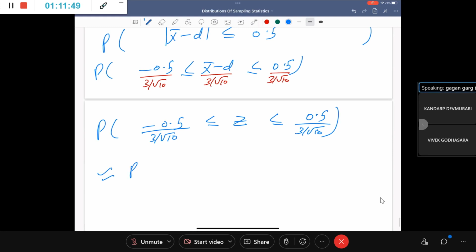So this is probability of minus 0.527 less than or equal to z less than or equal to 0.527, which turns out to be 0.402. So the probability is 40% that the difference between the average and the actual distance is less than half a light year.